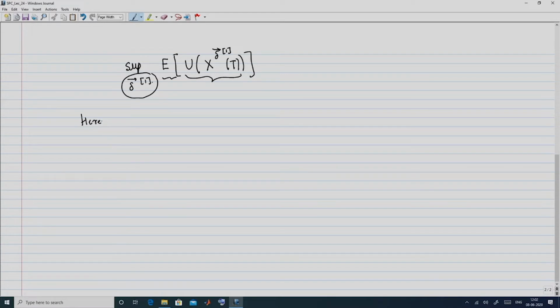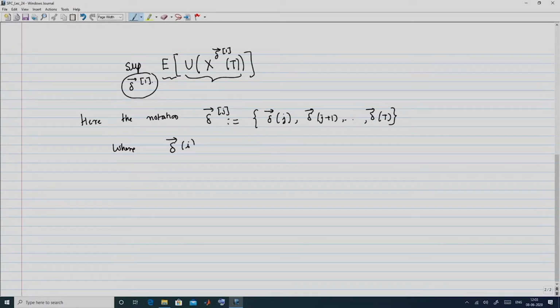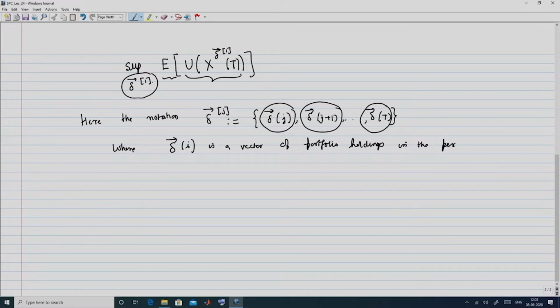So, in order to explain this, we say that the notation in general, the vector delta j, is defined as the vector of delta of j, delta of j plus 1 all the way to delta of T, where generically for each of those delta i is a generic notation of a vector of portfolio holdings in the period i minus 1 to i.